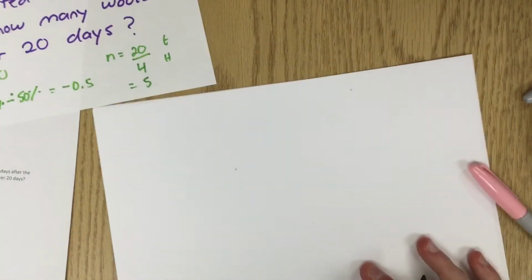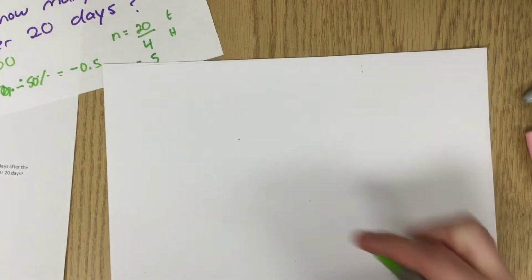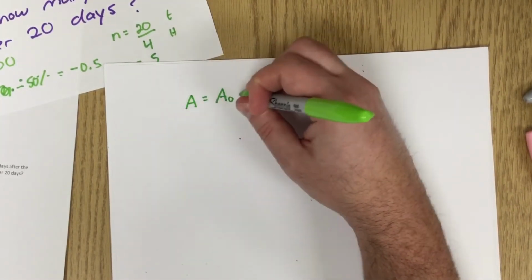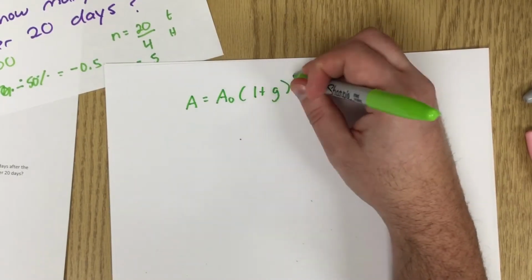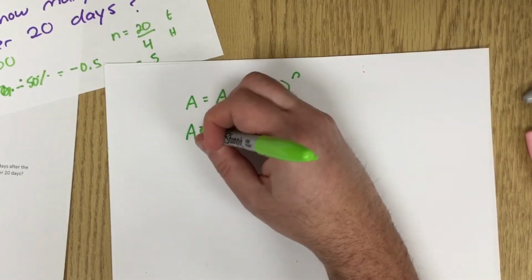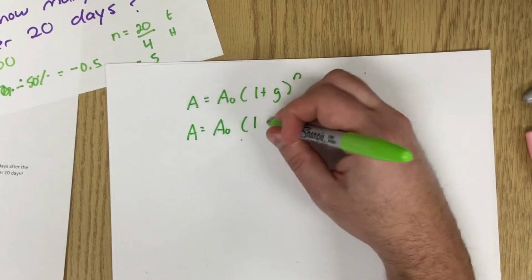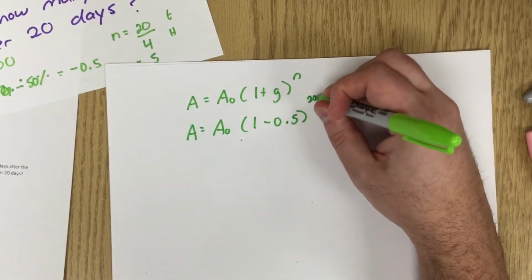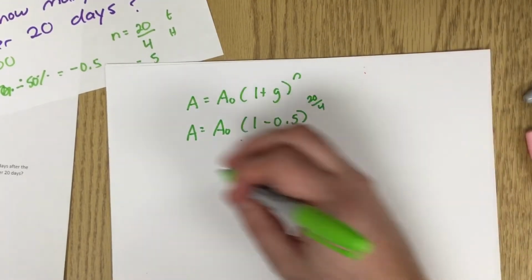So putting it all together, remember A equals A naught times 1 plus G to the N. A equals A naught times 1, we're losing half of them, and we're doing that 20 over 4 times.